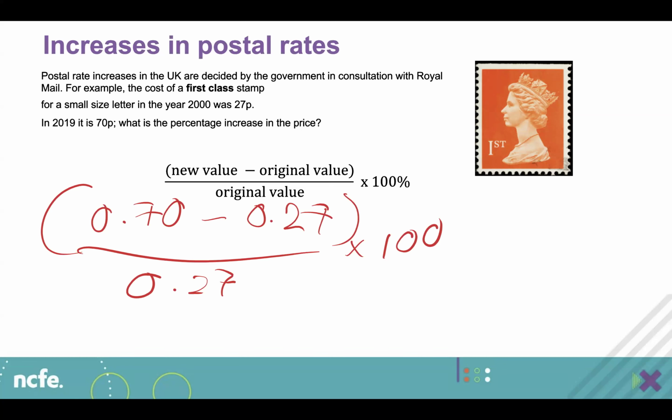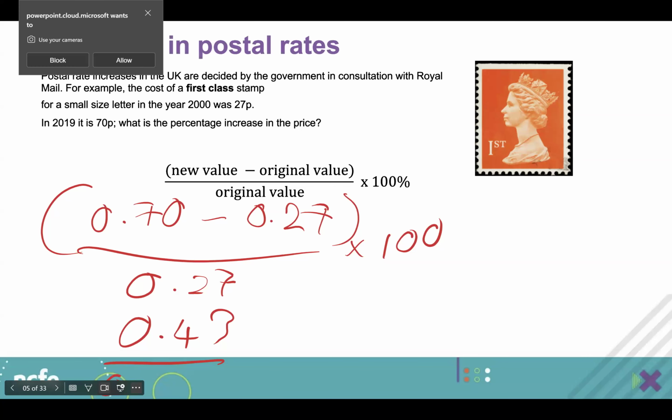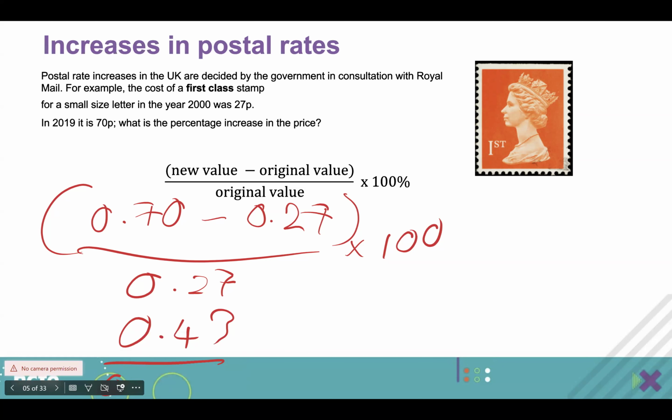So 0.70 take away 0.27 is 0.43, divided by 0.27 times by 100, which equals, let me get a calculator once.